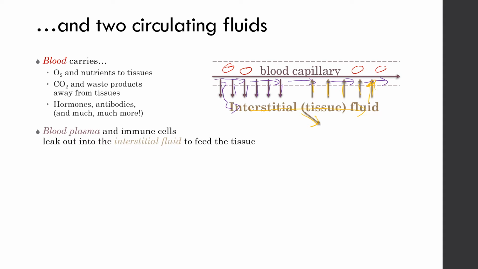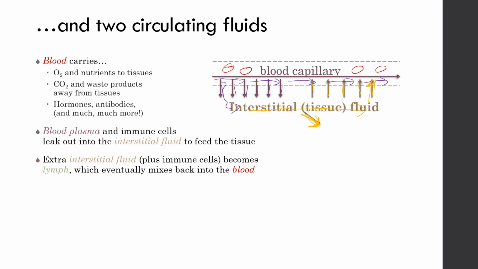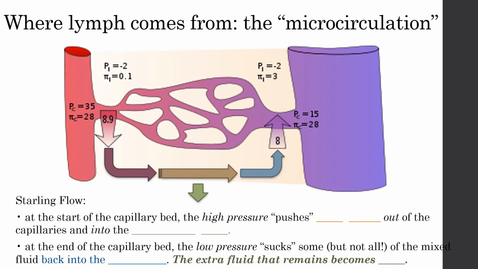That leaves us with this one arrow left that isn't going to go back to the blood. That extra interstitial fluid becomes lymph, which travels out through a lymphatic capillary and will ultimately mix back into the blood later on. We've talked about that conceptually.